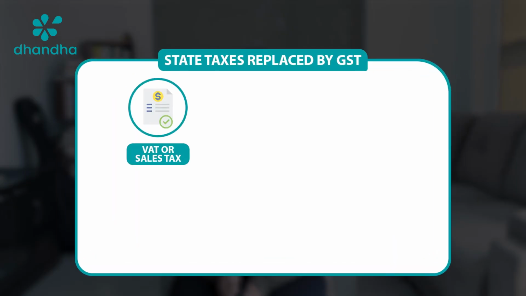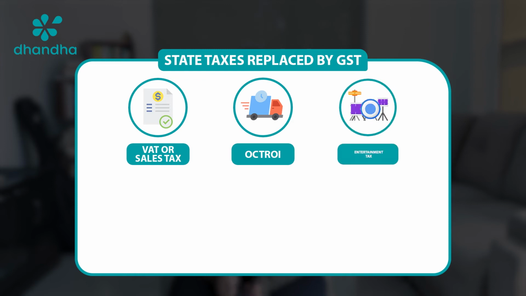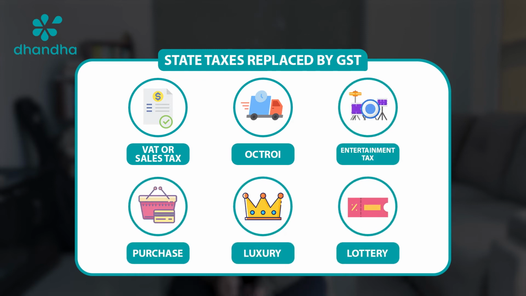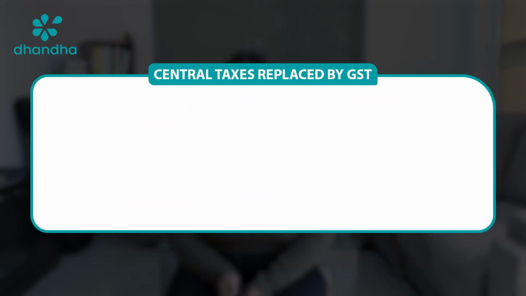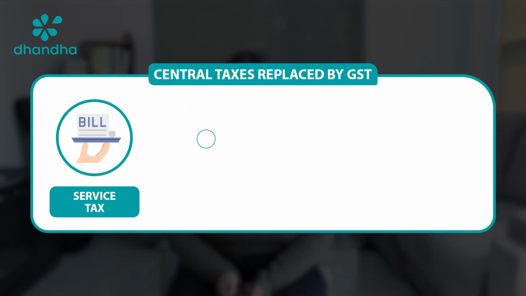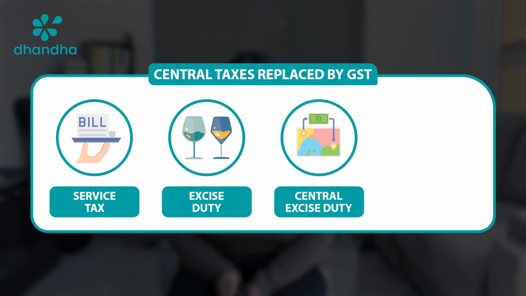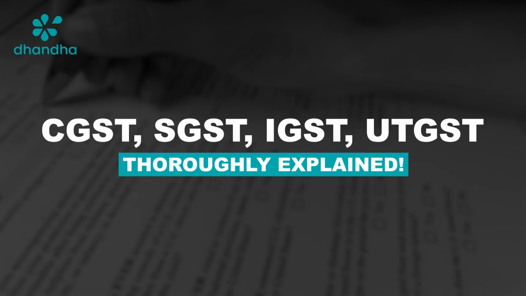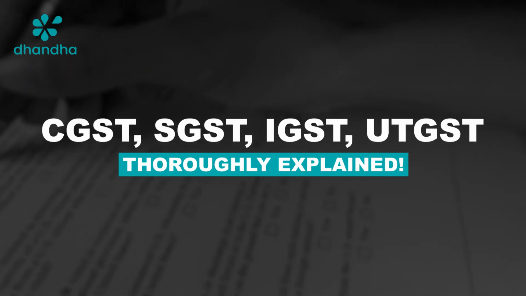The taxes which were replaced by GST for the state were VAT or sales tax, octroi, entertainment tax, purchase tax, luxury tax, tax on lottery, and the ones for the center are service tax, excise duty, central excise duty, and so on. Now, let's discuss in detail each of these types of GST.